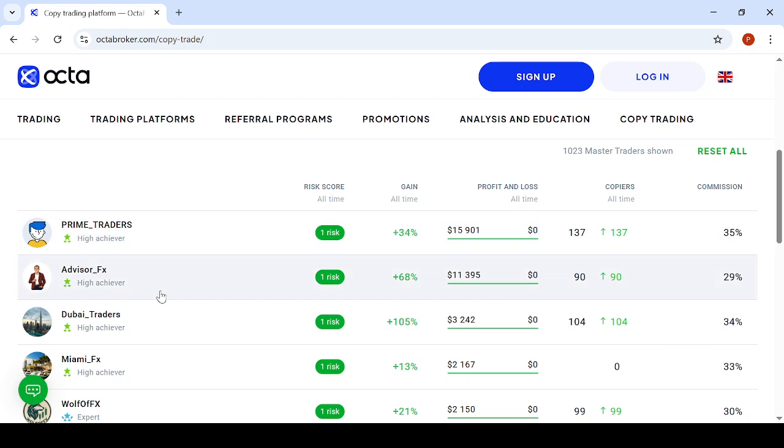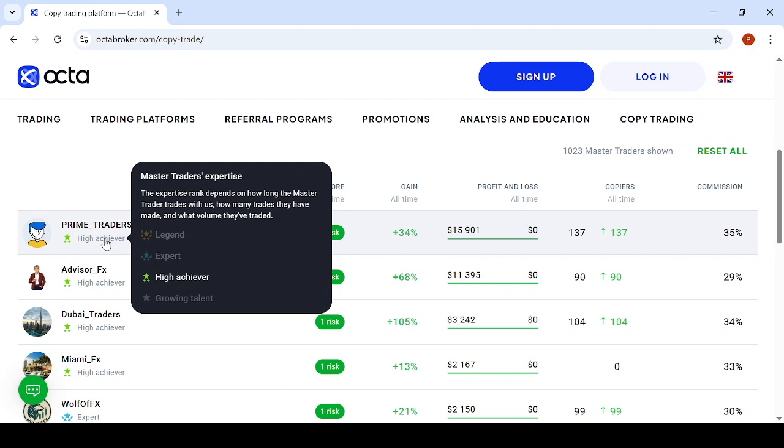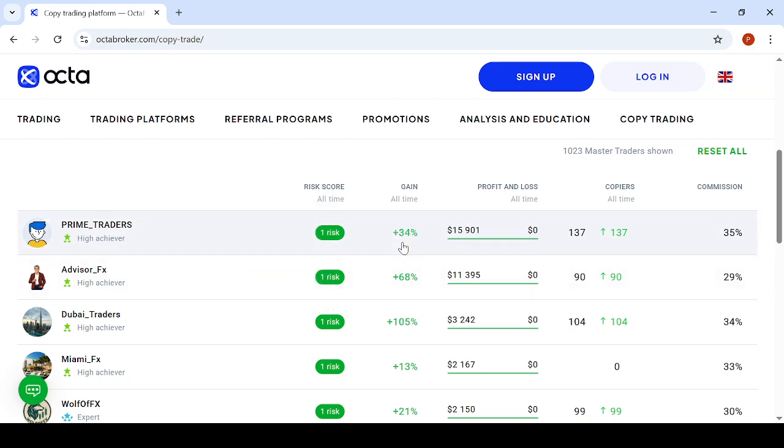Now there are some key metrics that you need to include, which are consistency of returns across different market cycles. And as you can see, all time gain, you can see that all these people have been consistent. This particular first trader, the prime trader, has made an all time gain of a total of 34% on his account.